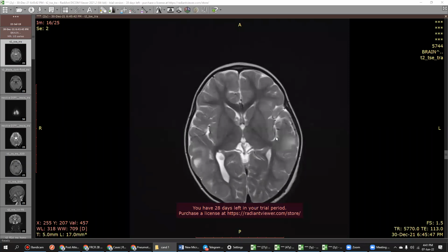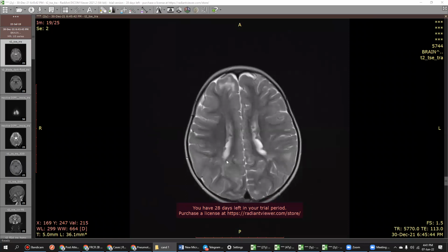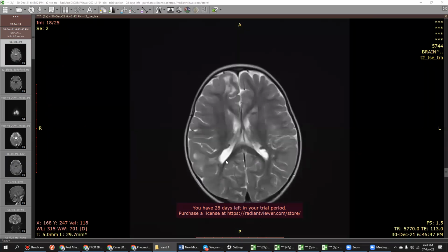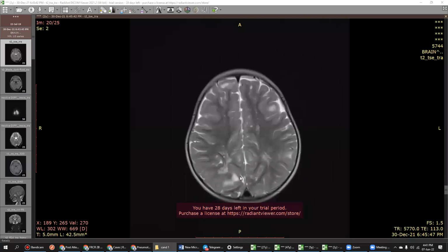So I would like to have a look at FLAIR images if possible. Okay. On T2, what did you find? Anything? Nothing? As I mentioned, I can see there are some T2 hyperintense subependymal areas in these regions. So, any impression could you make of it? And also there are some T2 hyperintense foci within the subcortical regions.